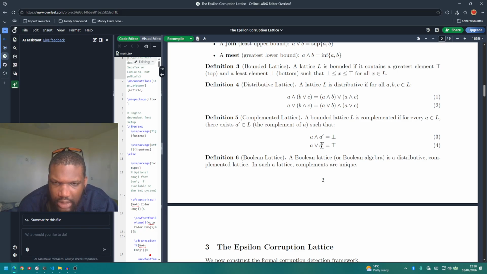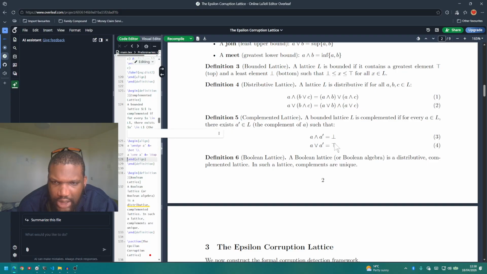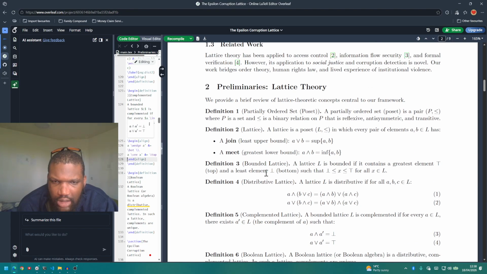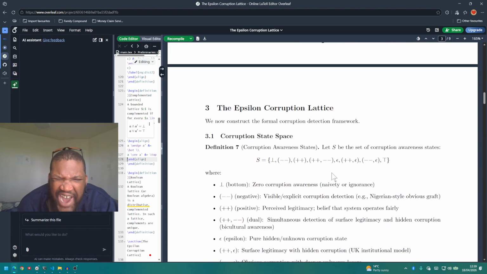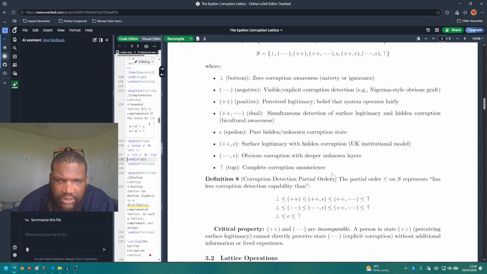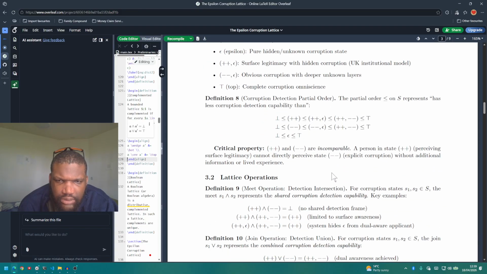A disjoint complement is equal to the complement of the lattice. There is at least an element T, bottom and T, where T is top. These are corporate operators basically.